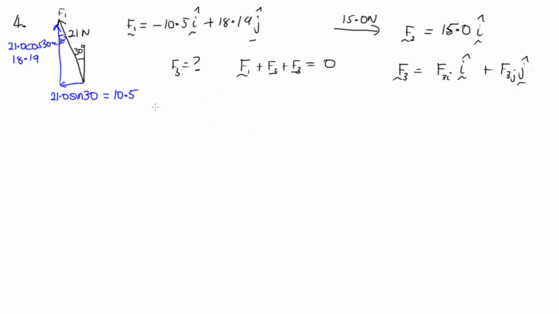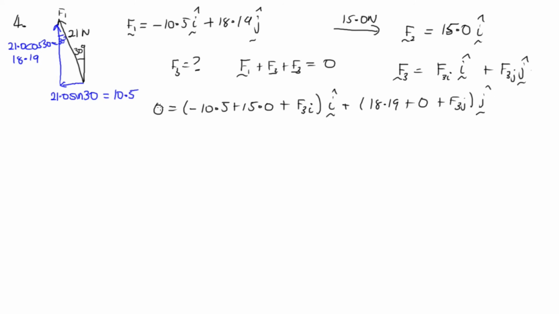And so we can say 0 is equal to everything in the i direction: minus 10.5 plus 15 plus F3i, and then in the j direction we've got 18.19, plus F3j in the j direction. Because this is 0, it's 0 in the i direction and 0 in the j direction. So this part has to equal 0 and this part also has to equal 0.